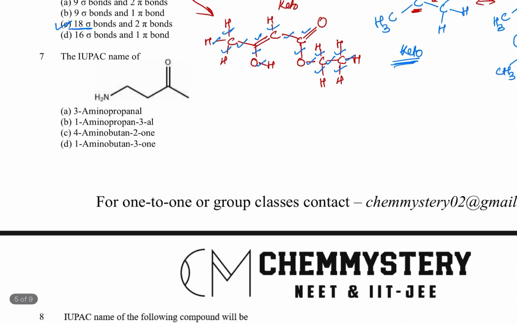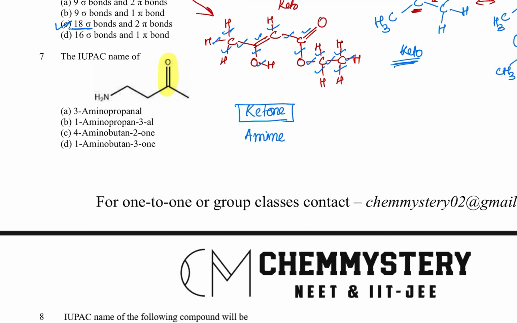7th. The IUPAC name of this particular molecule. Now in this I have two groups. One is the ketone group, one is the amine group. Wherever two groups are there, we go with priority. We have ketone, we have amine. In the priority series, ketone gets more priority than amine.